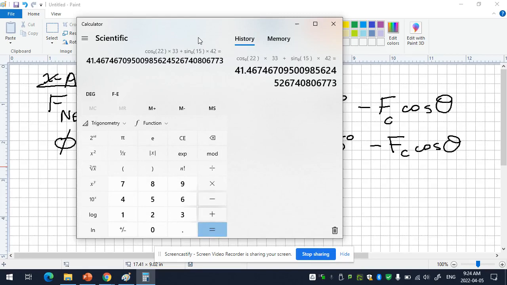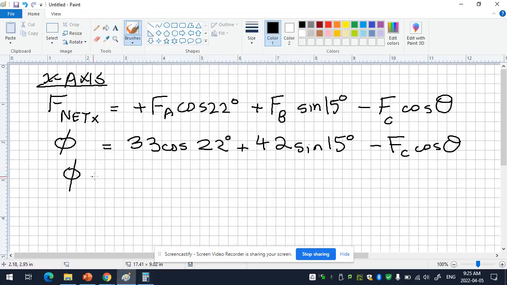Cosine of 22 times 33 plus sine of 15 times 42 equals that. 41.47. Keep doing this till the end.